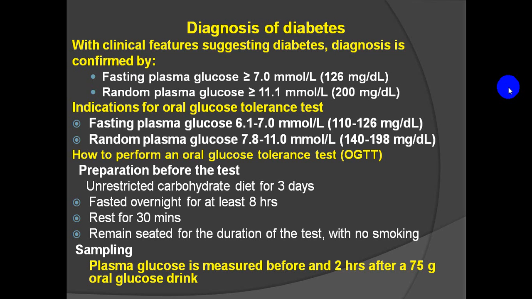For fasting plasma glucose between 6.1 and 7 millimoles per liter, equivalent to 110 to 126 milligrams per deciliter, or random plasma glucose between 7.8 and 11 millimoles per liter, which is 140 to 198 milligrams per deciliter, we need further tests.